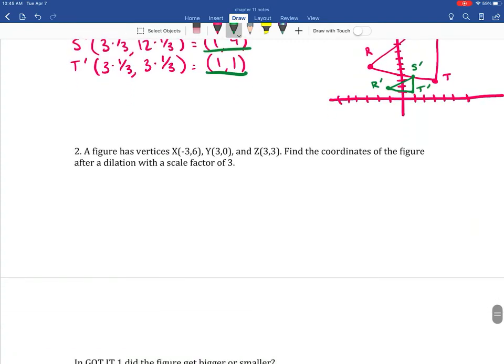Let's try another one. A figure has these vertices. Find the coordinates of the figure with a dilation with a scale factor of 3. So this time my k is 3. So let's come over here and we will write our new coordinates.